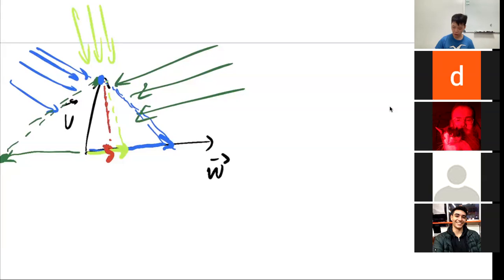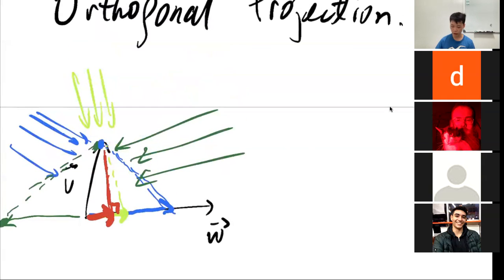Because the dotted line here is actually perpendicular to the vector w. So this red projection is what we call the orthogonal projection. That's the projection we want. And how do we obtain this orthogonal projection? This is a nice projection because it basically breaks down the vector v into two components, right?